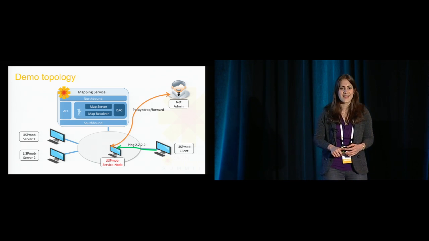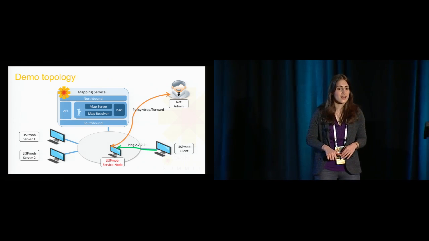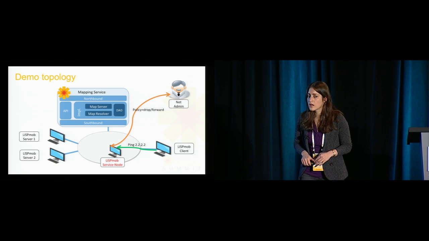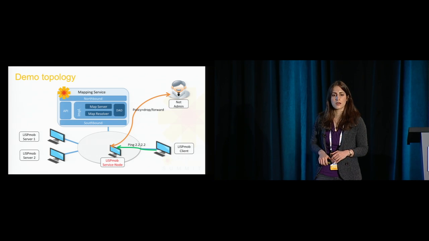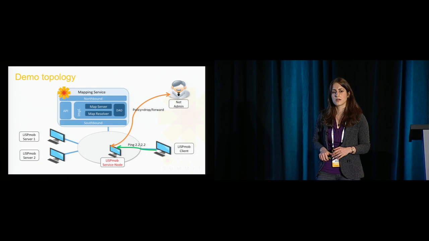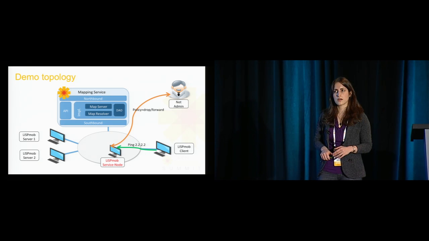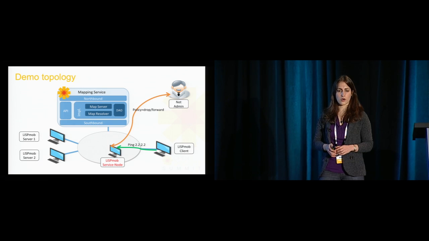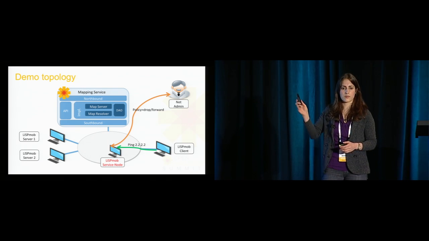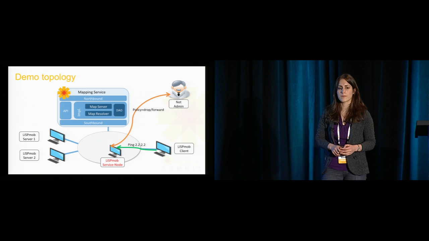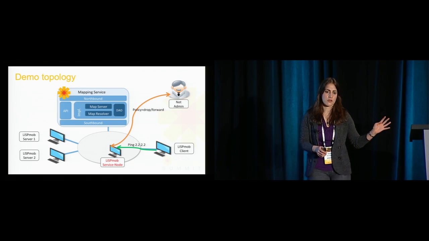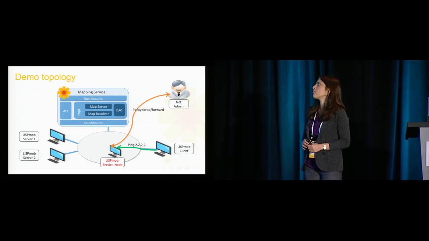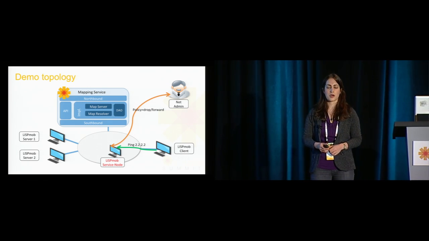On the same line of questions, how do you make sure that this LISP server is actually up? Is there a way that your mapping service actually pings the server or something? You made an entry. What if the machine goes down? What if you mean the OpenDaylight goes down, or one of the servers goes down? How do you take it out of the map? Oh, okay. For the demo here, we're not doing that, but you could write an application on top.